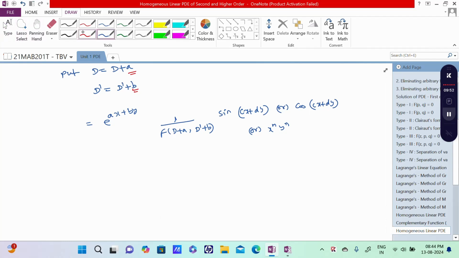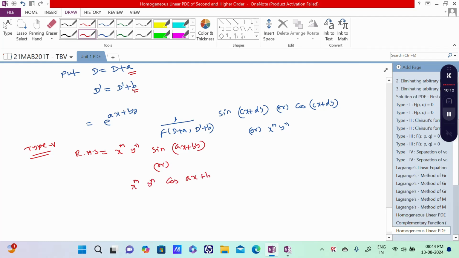And then type 5. Type 5 is when the right hand side is x power m y power n into sin ax plus by or x power m y power n cos ax plus by.